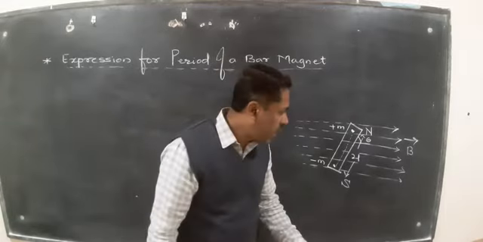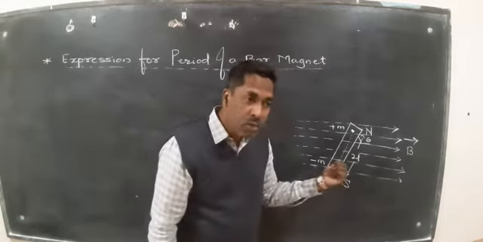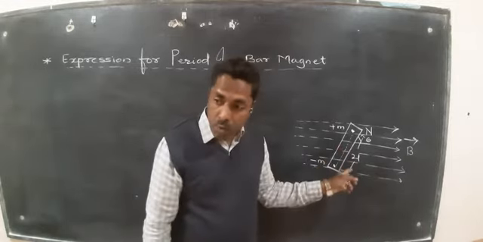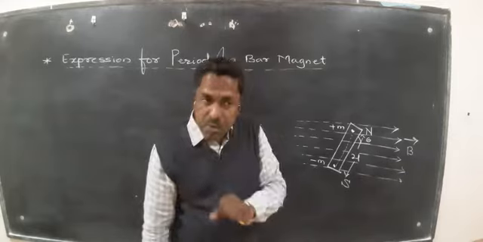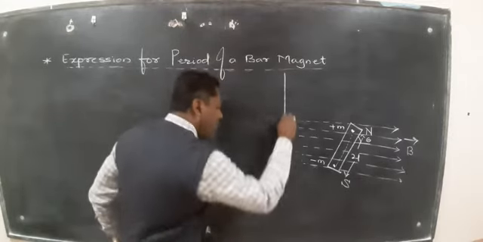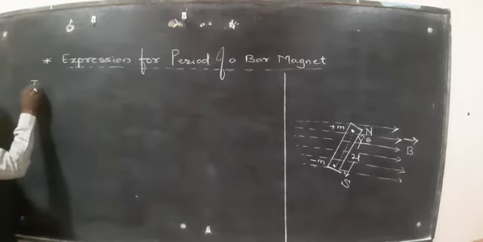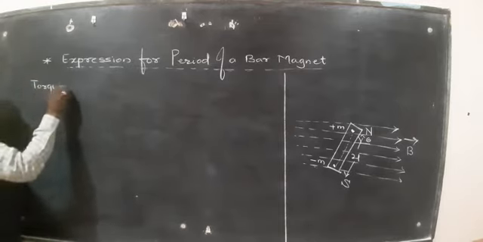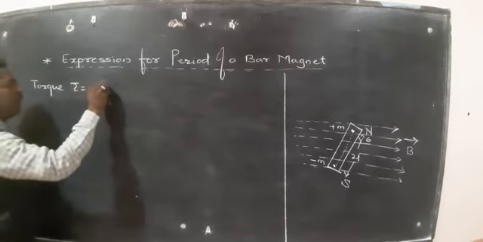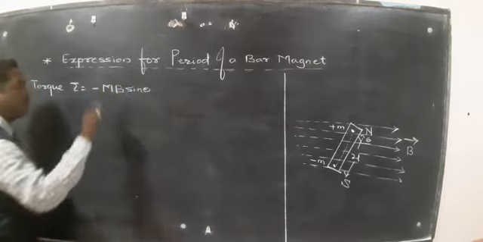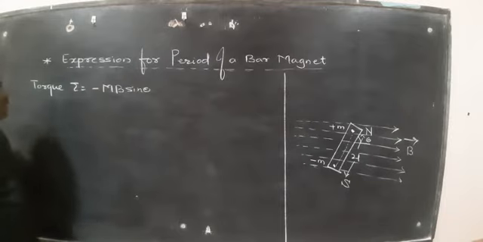The magnet which is kept in a uniform magnetic field experiences some amount of torque, and that torque mathematically can be written as follows: torque tau is equal to minus MB sin theta.